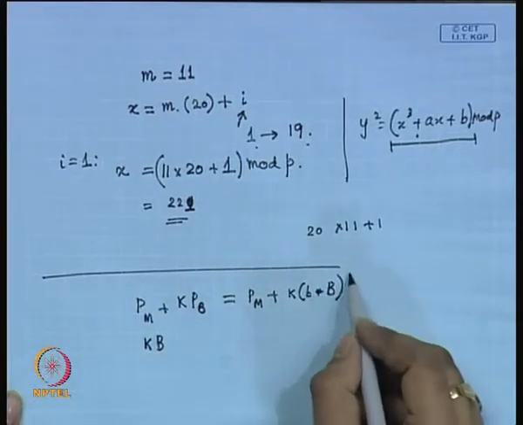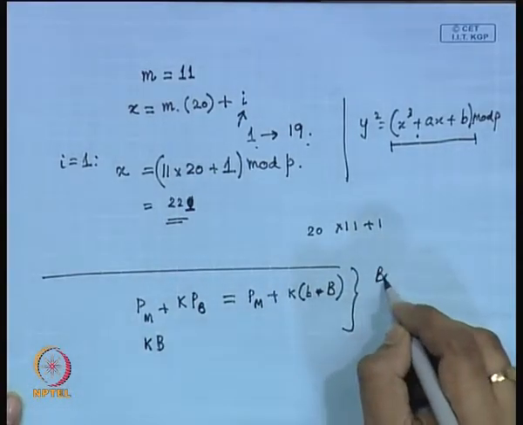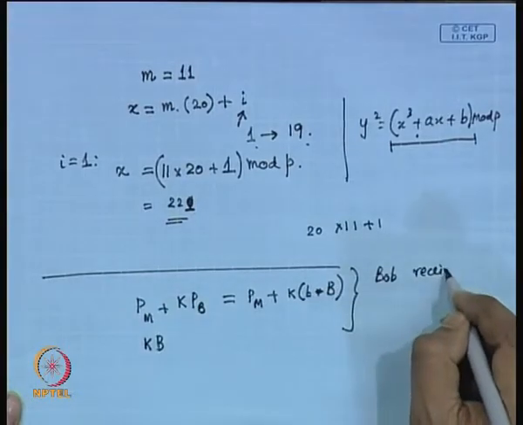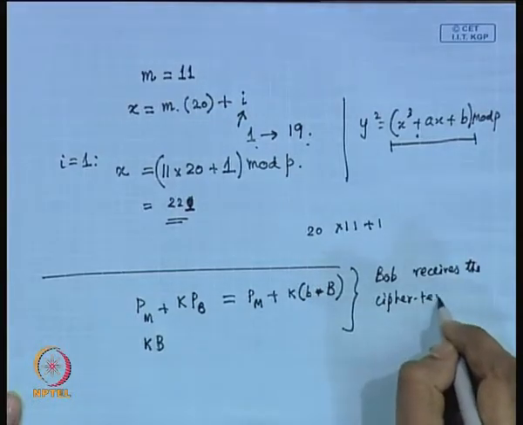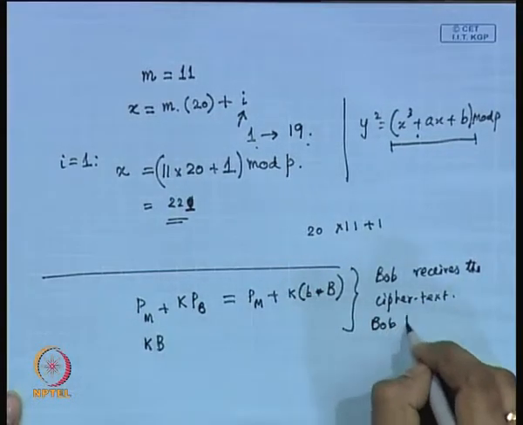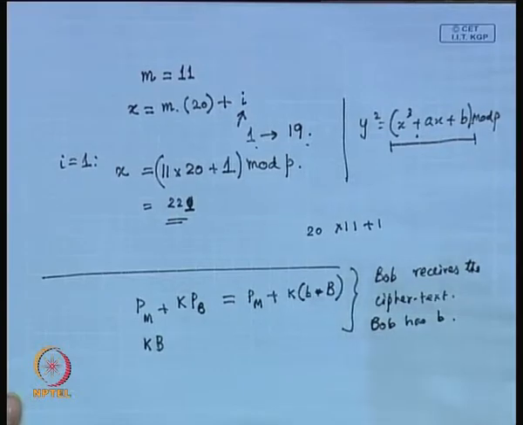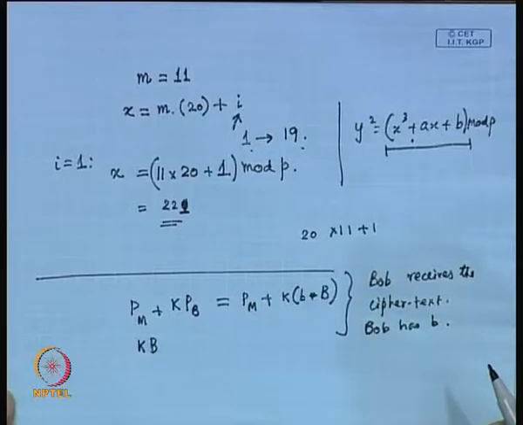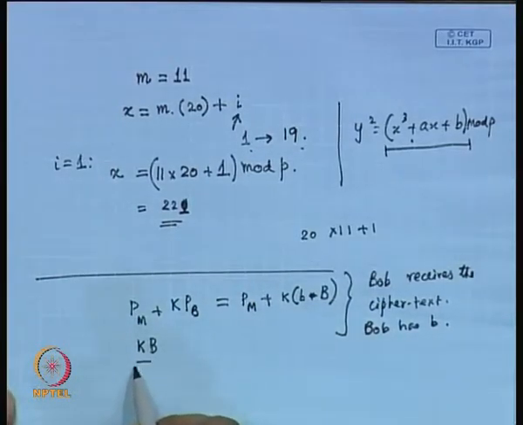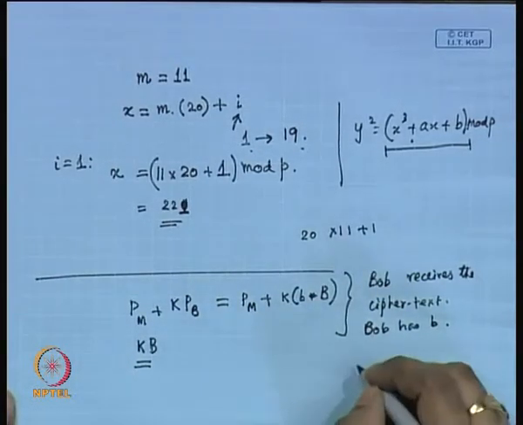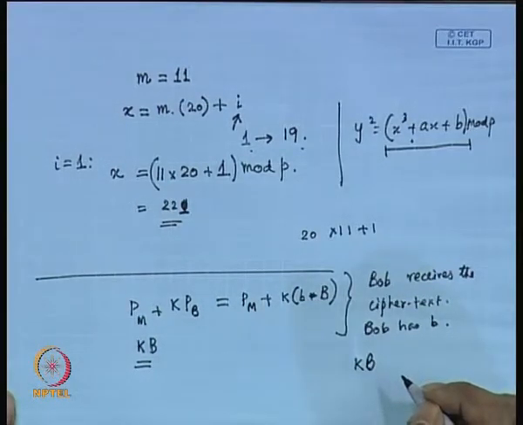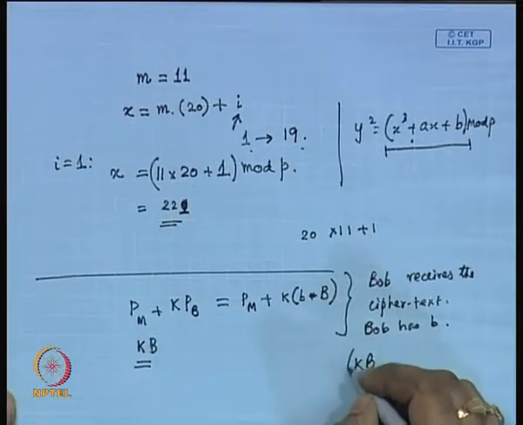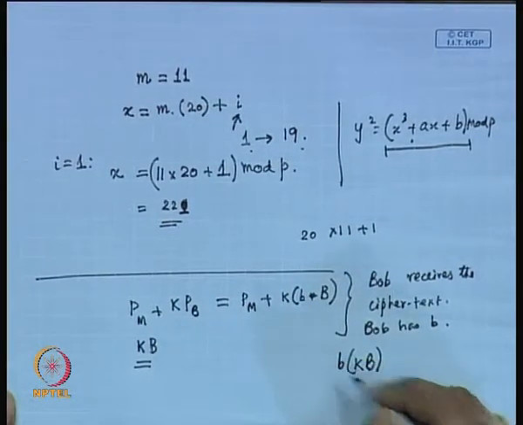When Bob receives the ciphertext, Bob has b, because b is the corresponding private key. Bob takes the first component kb and multiplies it with b.